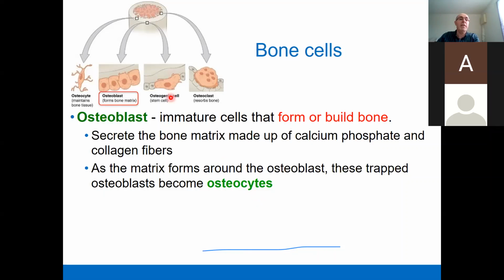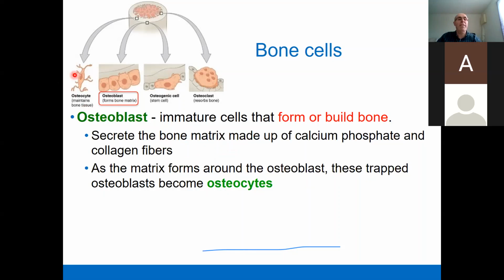As we see here, osteoblasts are the immature cells that form bone. The cells that form bone are osteoblasts. They secrete the bone matrix made up of calcium phosphate and collagen fibers. As the matrix forms around the osteoblasts, these trapped osteoblasts become osteocytes.